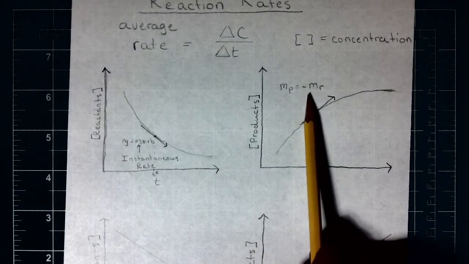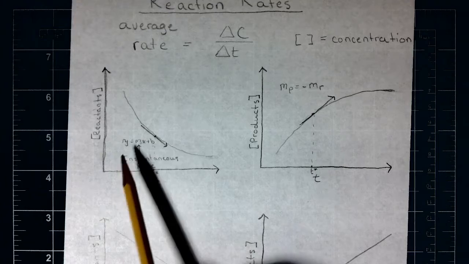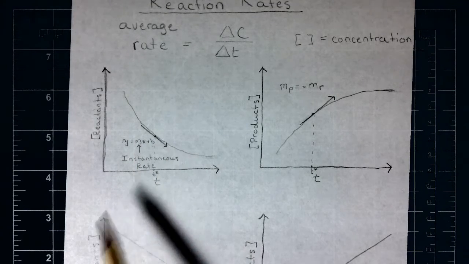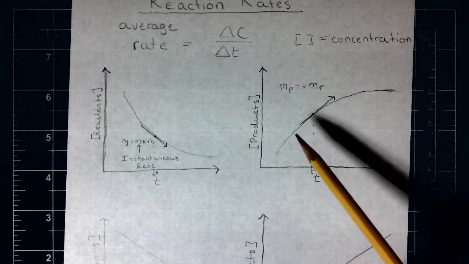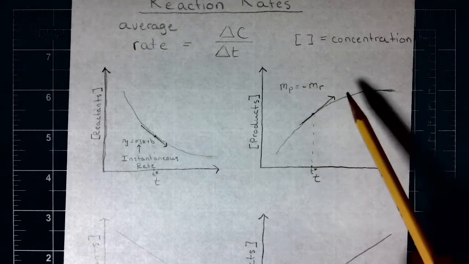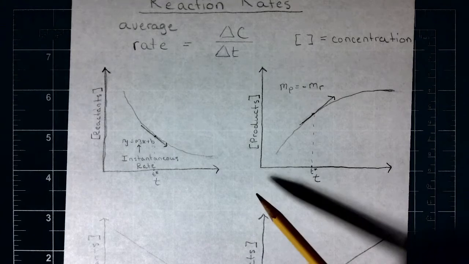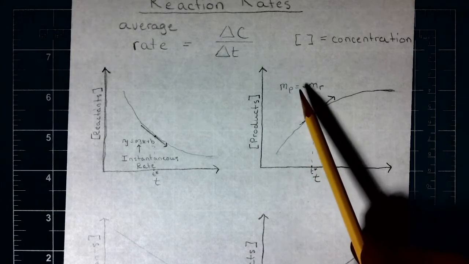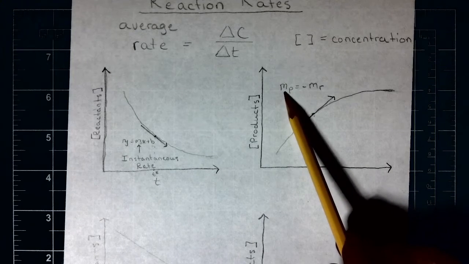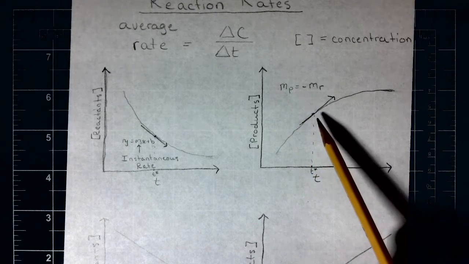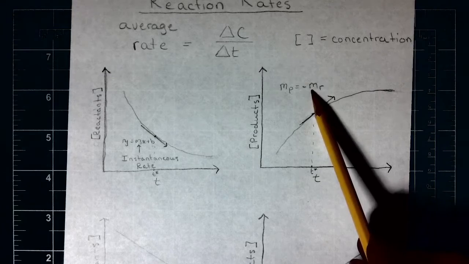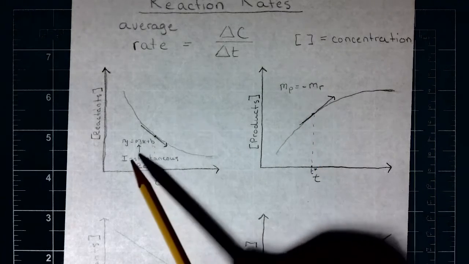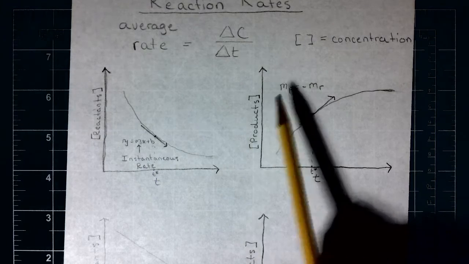Only they're going to have different signs, right? So here we have a downward slope, which would indicate that it is negative. And here we're going to have a positive slope indicating that it is positive and products are being formed. So this means that the slope of this line is going to equal the negative of this slope, right? Because if I take the negative of a negative slope, I'm going to get a positive slope.